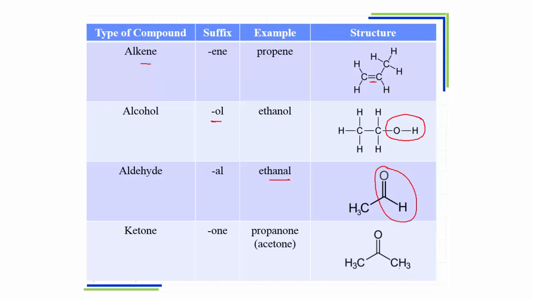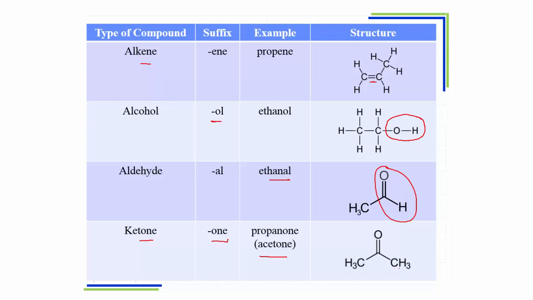We're not too worried about you being able to identify functional groups at this point. This is just a brief overview of a very few of the many functional groups we can have that give a certain functionality, a certain reactivity to our molecules. We also see something that is a ketone. A common one is acetone, which is used in nail polish remover. The ending of the name is O-N-E.